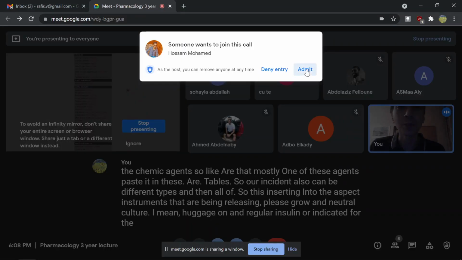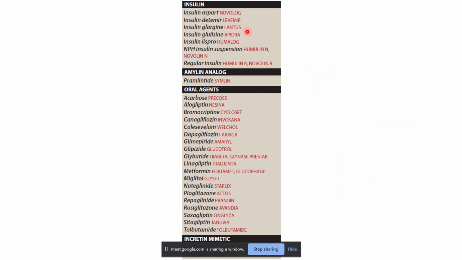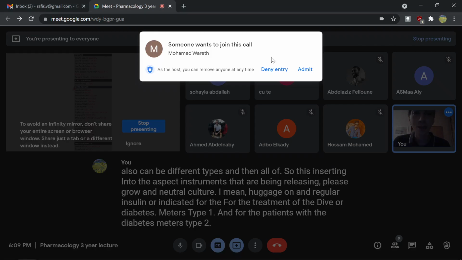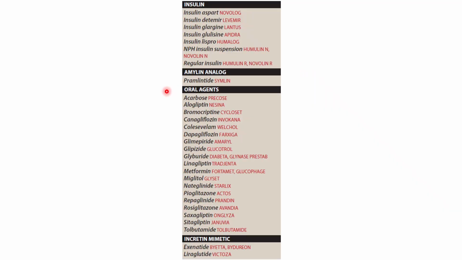the treatment of diabetes mellitus type 1, and for patients with diabetes mellitus type 2, oral agents are indicated, including the sulfonylureas, the meglitinide analogs, biguanides, and thiazolidinediones, and other agents.